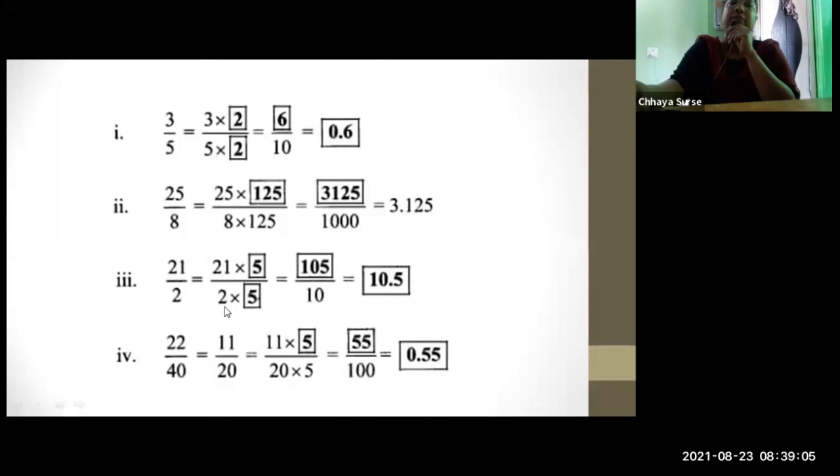Now the same way, 20 is multiplied by 5, because 5 times 20 is 100. Here we want only the power of 10. That's why 20 multiplied by 5 is 100, and 11 fives are 55. So here the denominator is more than the numerator.